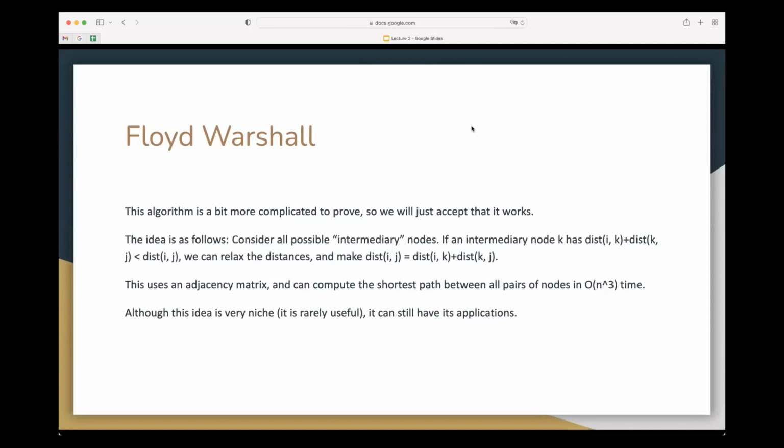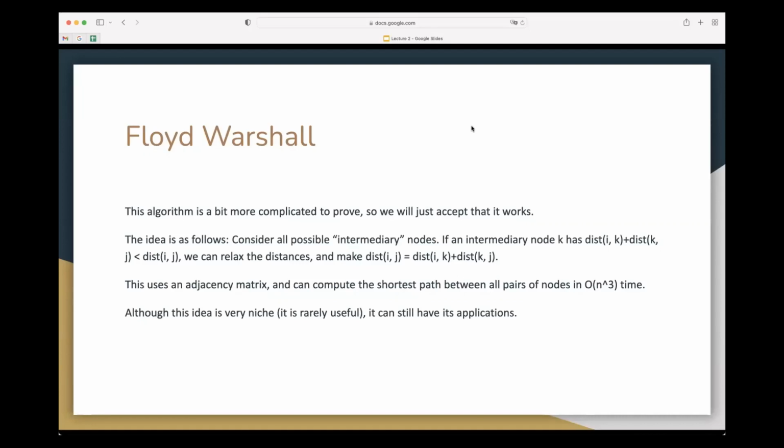This uses an adjacency matrix, which I didn't exactly explain how to do last time, but it's pretty simple. And although the algorithm itself is rarely ever useful, because if you think about what it's doing, it's finding all pairs shortest paths, which essentially from any node A to any node B, find the shortest path from A to B. But if you think about Dijkstra's, right?